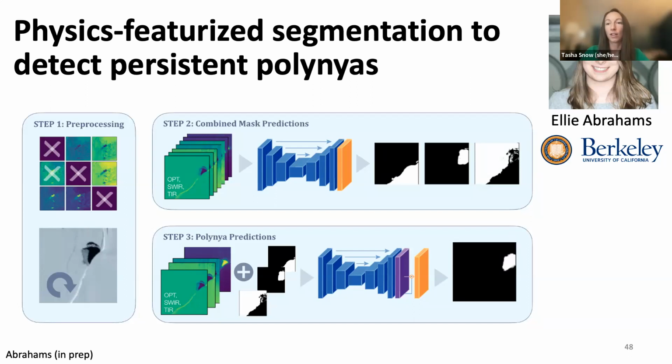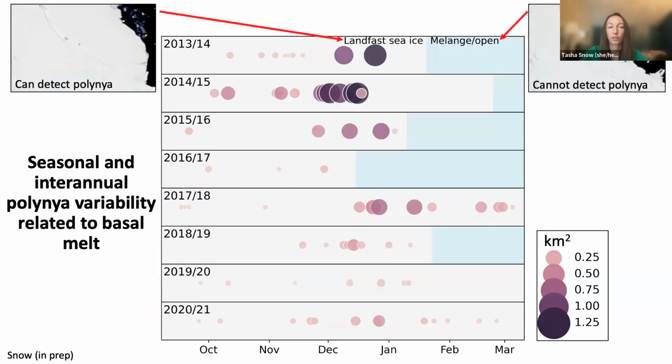So it doesn't make decisions like we're used to hearing about online, where the horse was detected based on the background or something like that. This really focuses the algorithm on the physics that's important for making the decisions that we want it to make. So she's designing this right now, and it incorporates the work being done by Michael and Ojin to create this algorithm that detects the persistent polynyas.